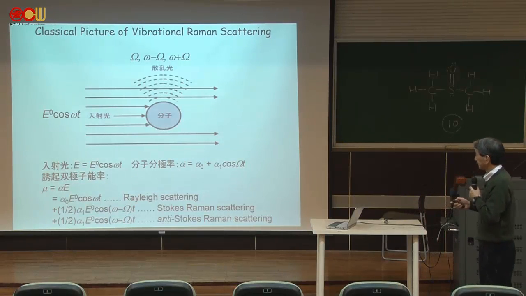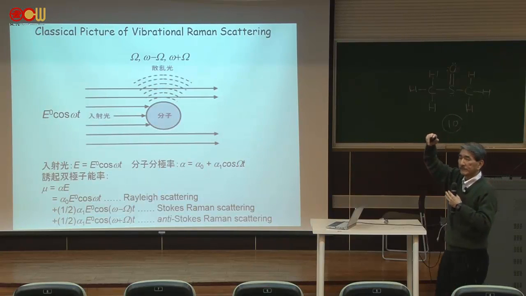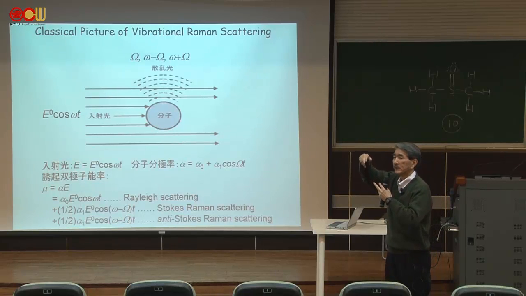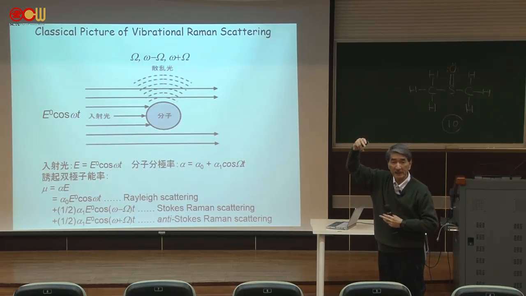Okay, so why? The incident light electric field can be expressed like that. And then there are some electrons in the molecule. If you have the electric field applied to the molecule, then the electron inside the molecule is affected by the electric field. Plus goes to the minus side and minus goes to the plus side.